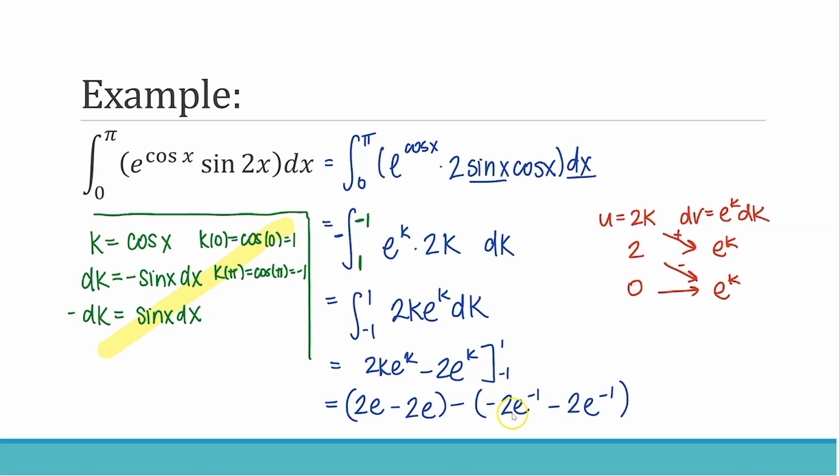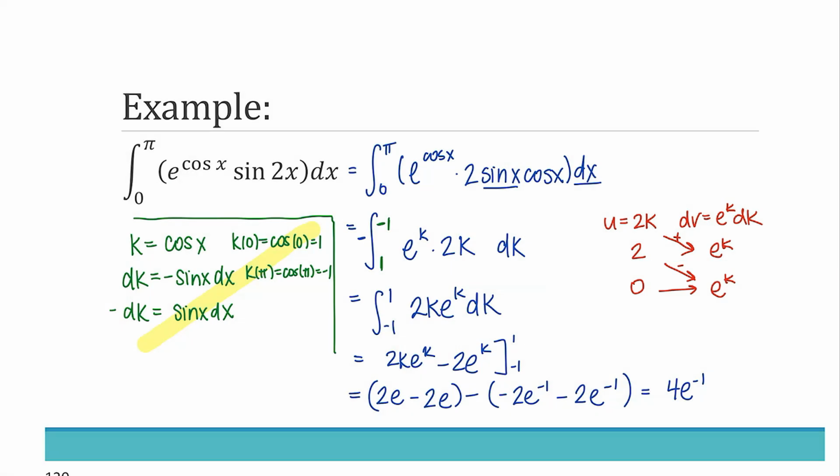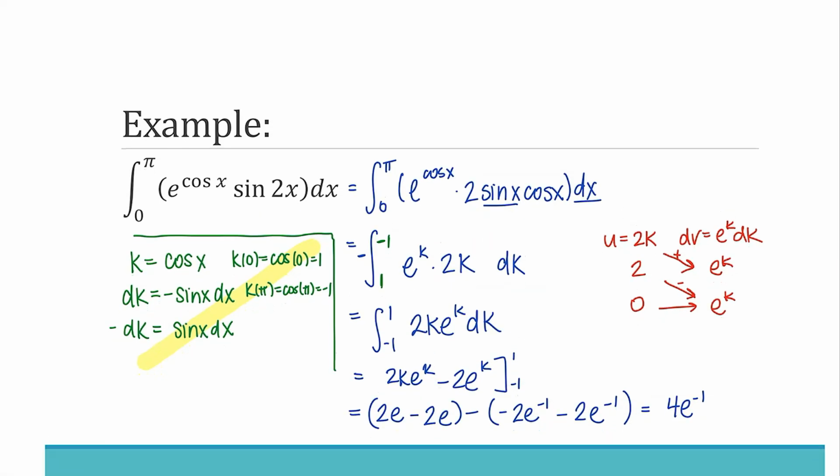Just so many negatives to keep track of here. So inside here, these are like terms. And so we have negative 4e to the negative 1. So we have 4e to the negative 1, whoops, which is 4 over e. Sorry about that. So this is 4 over e as my final answer here.